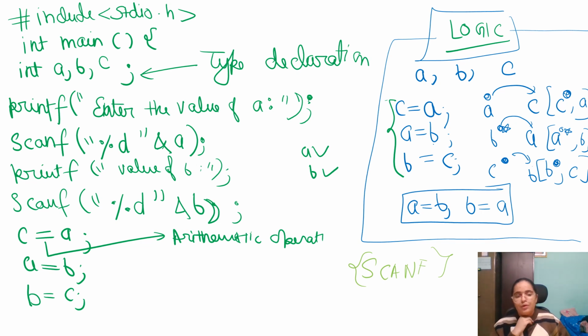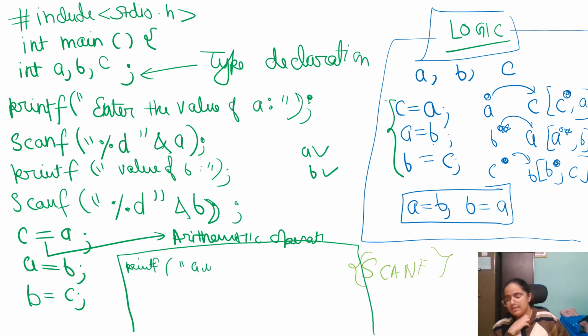So now the work is done. But how am I supposed to print it? I'll write the next statement here. I'll do printf, and I'll write a is %d, and I'll write a.